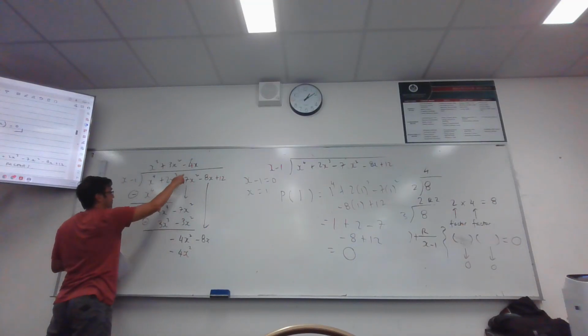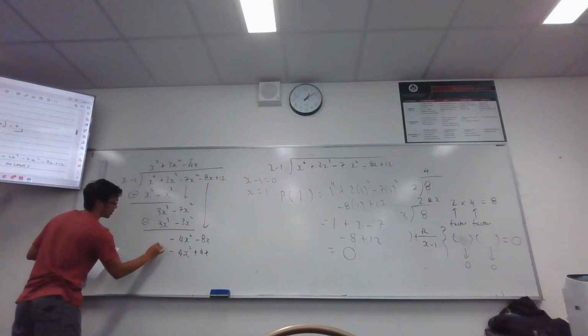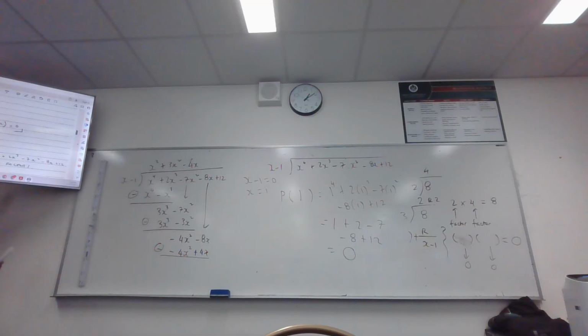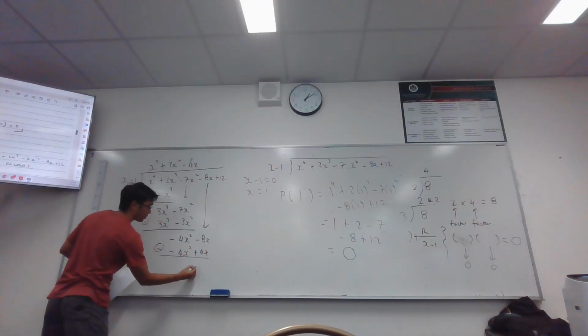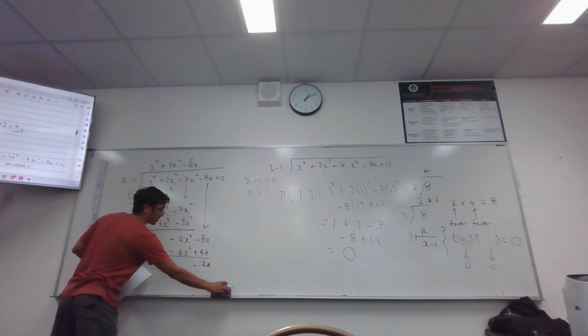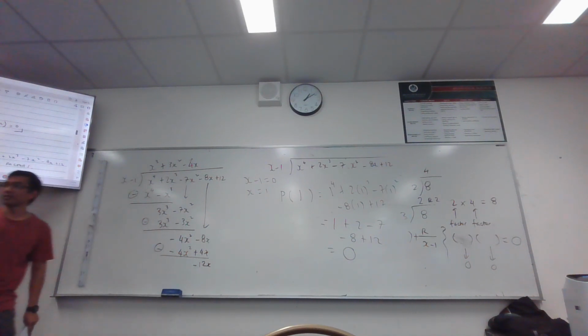And negative 1 times negative 4x, so positive 4x. Zach, what's down here? Plus 4x. Not quite, wait, no. Minus 12x. What needs to happen now, Zaid, with that negative 12x?